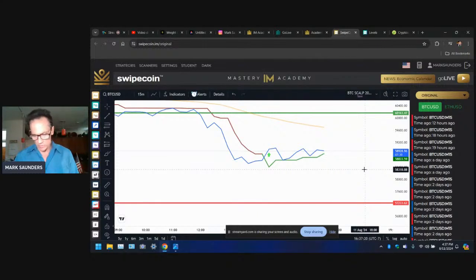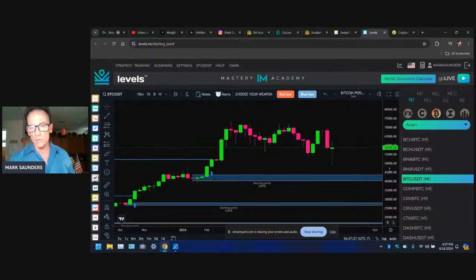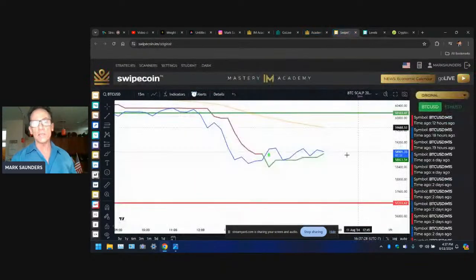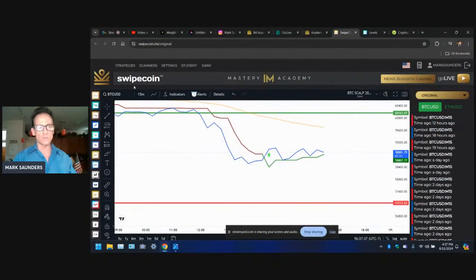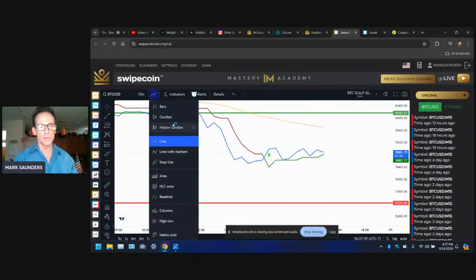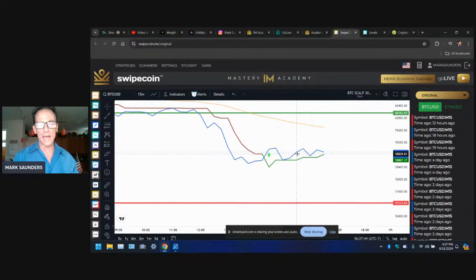I'm also going to do a volume check here in a second. Now, this is a tool called levels. If this is a 15-minute view, this is the weekly view. This particular AI works better with what's called the line chart.